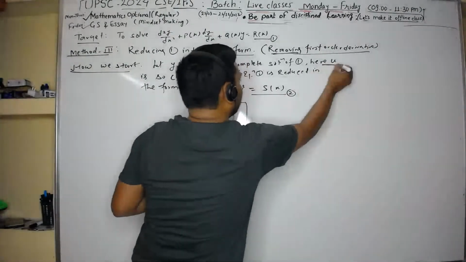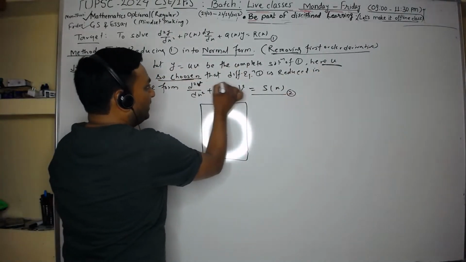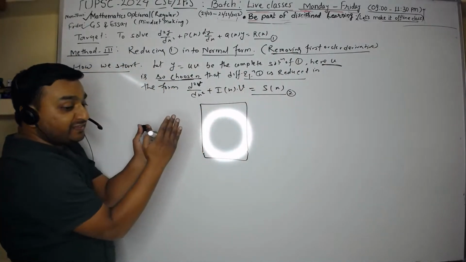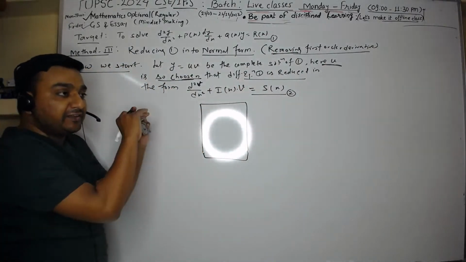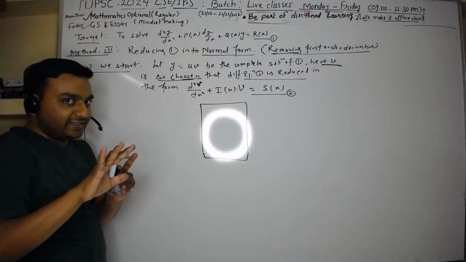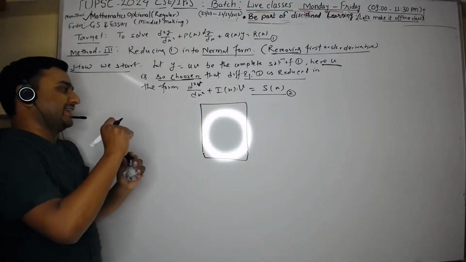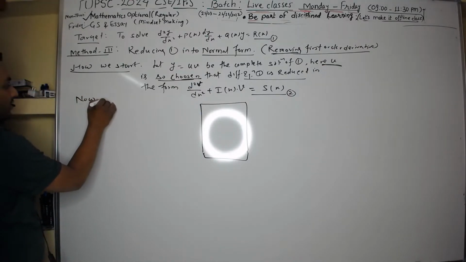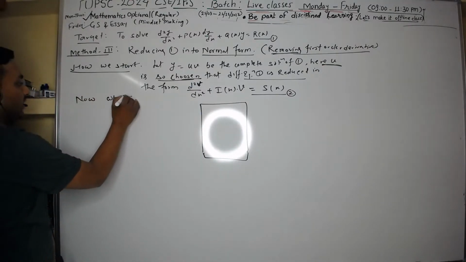Here, u is so chosen that differential equation 1 is reduced into this form. Means the first order derivative is removed. Is that clear or not? Now, what is u then?